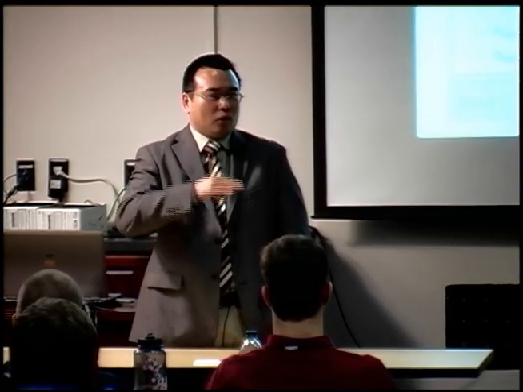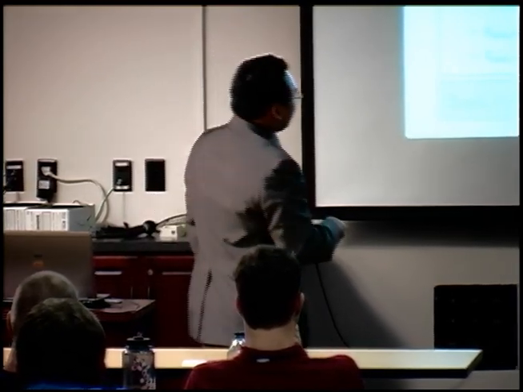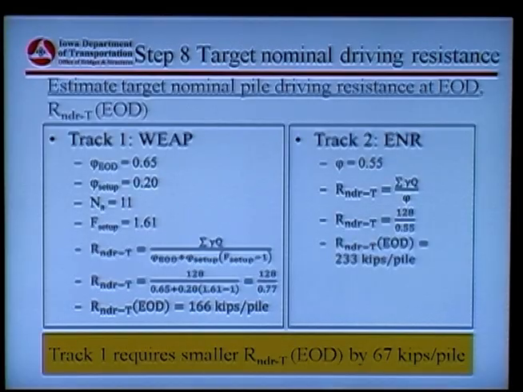You want to achieve the performance of the pile at a lower target driving resistance by taking advantage of the setup and the benefit of the WIP analysis. So if you drive the pile monitored using the WIP, you expect to reach a lower target driving resistance as compared with a higher target resistance using the ENR formula.